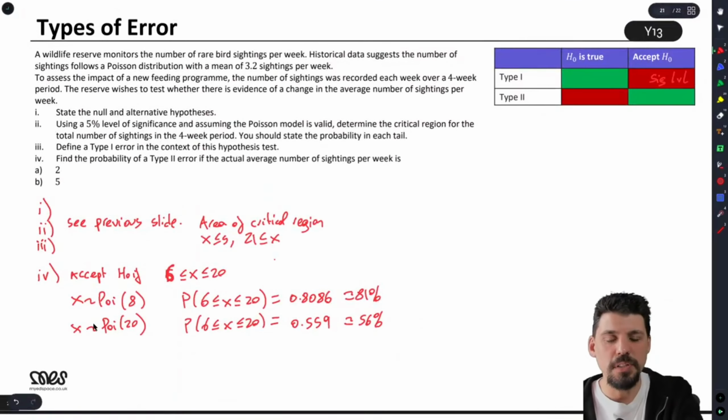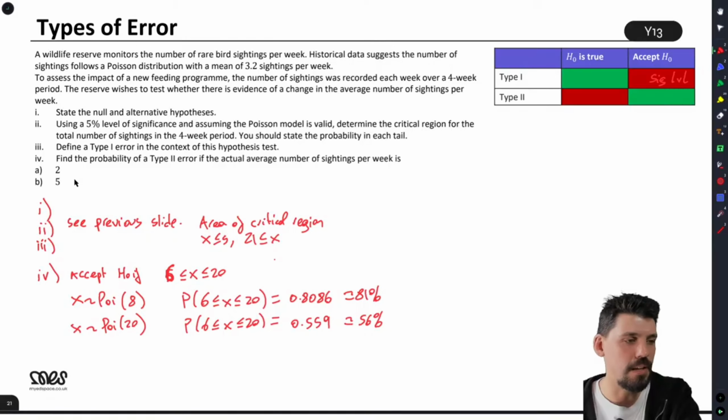The probability of a type 2 error depends on the actual parameter. Yes, I've just seen that. All right, there is an actual parameter. So that will depend massively. So the probability of a type 2 error depends on what we think the actual lambda, p, mu actually is. All right, so here I've got different types of things.